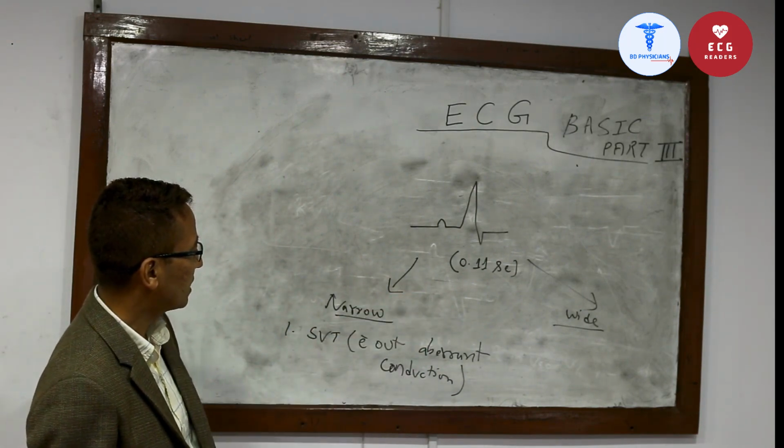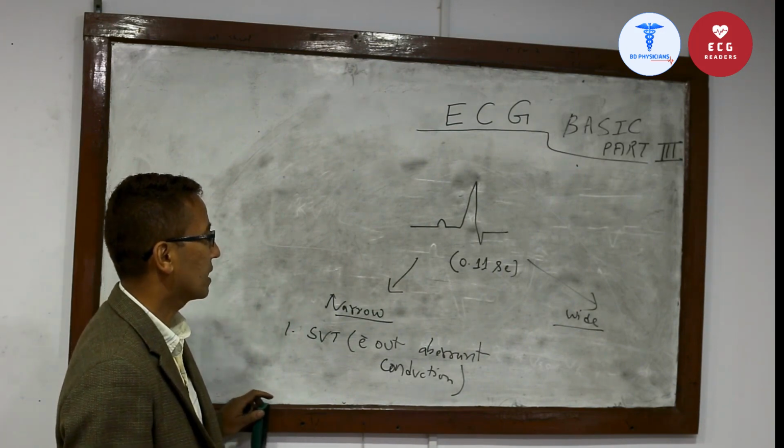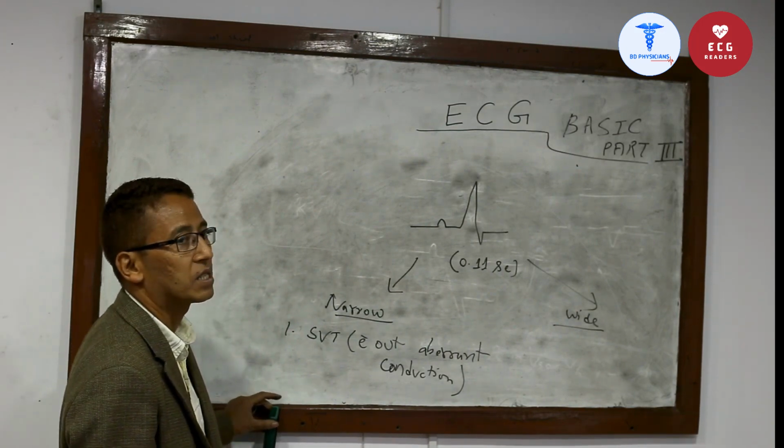Narrow QRS complex occurs in supraventricular tachycardia, SVT, without aberrant conduction.